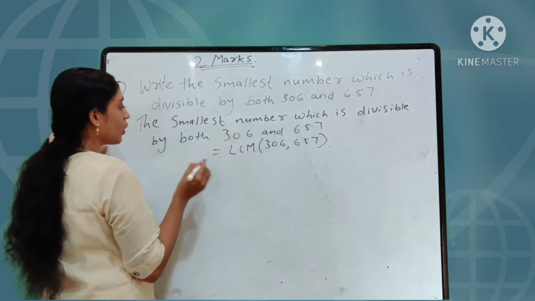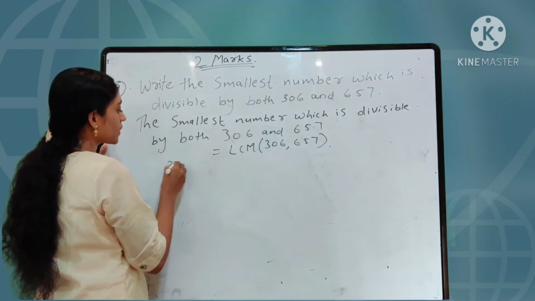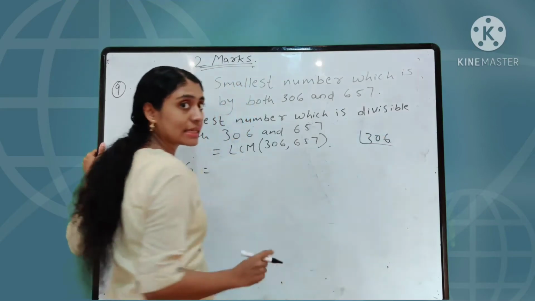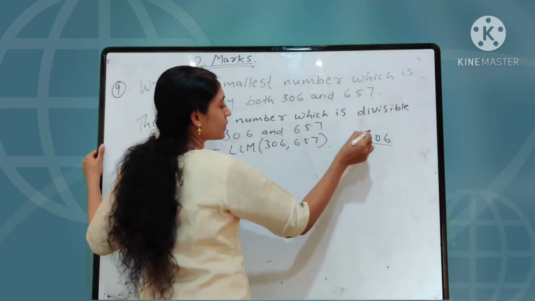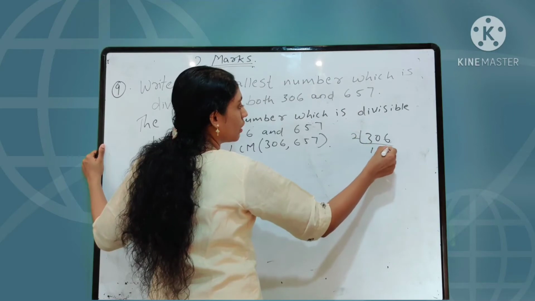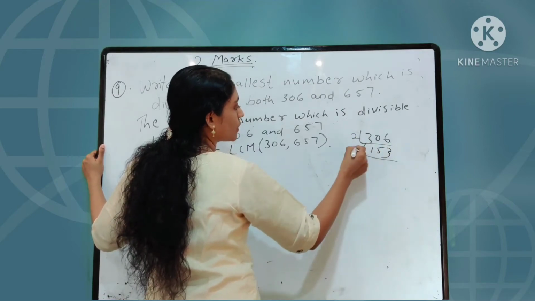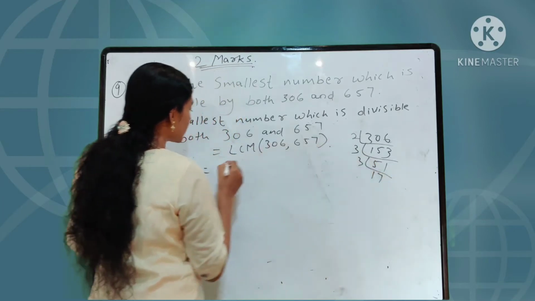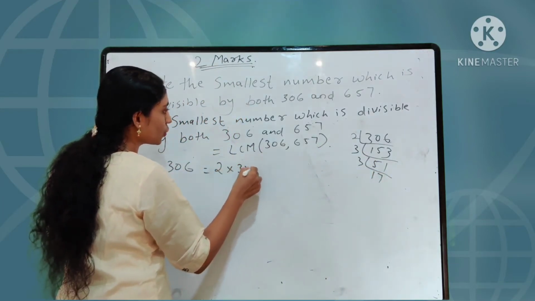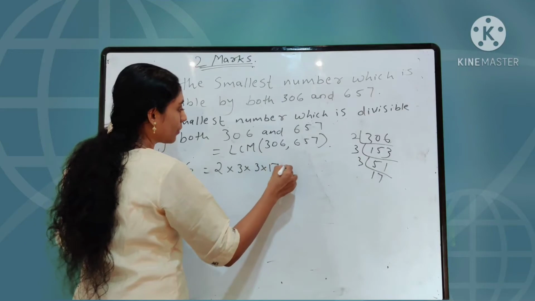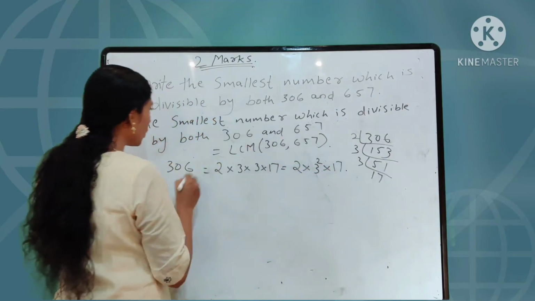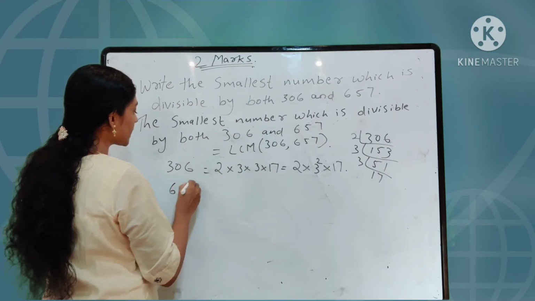Now what are the prime factors of 306? You have to find the prime factors in order to calculate the LCM. So 306 can be written as 2 into 153, and 153 is 3 into 51, and 51 is 3 into 17. So this can be written as 2 into 3 into 3 into 17, which is 2 into 3 square into 17.